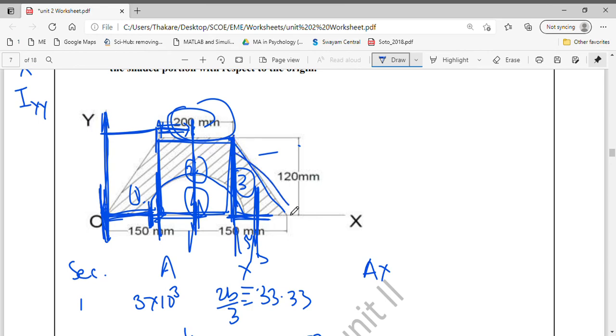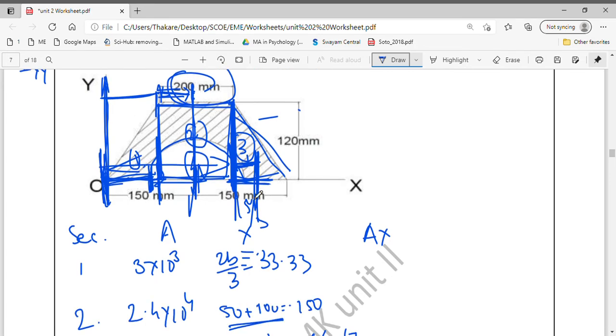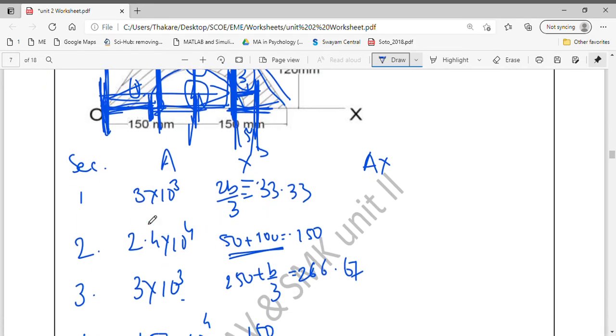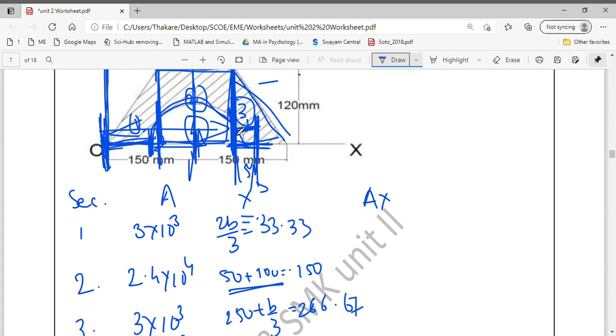Similarly for this right angle triangle, यहाँ पर आपका y-axis है, तो यहाँ से आपका distance from y-axis comes out as b by 3. So from this point, ये इतना distance plus b by 3, itna distance was 250 plus b by 3. And for semicircle, it lies on the center.